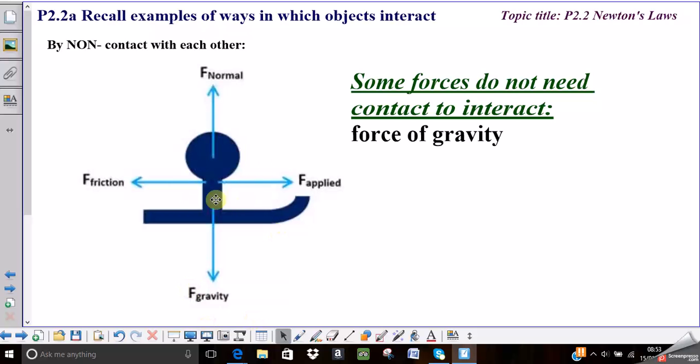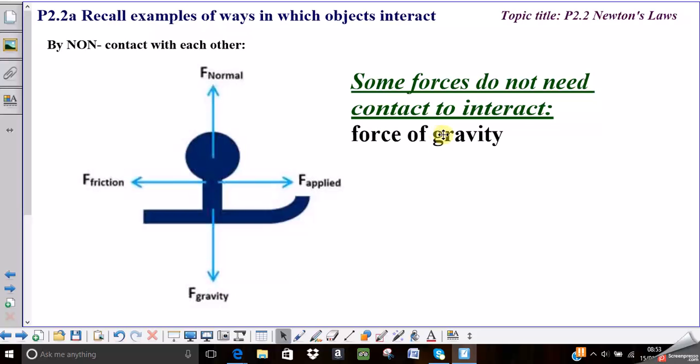But the fourth force that's arising here doesn't need contact to interact, and this is the force of gravity.